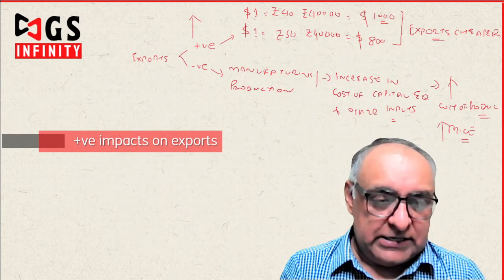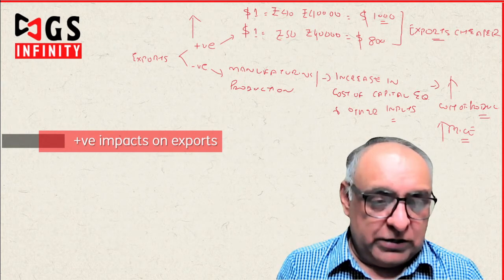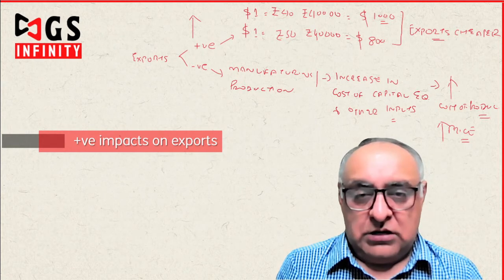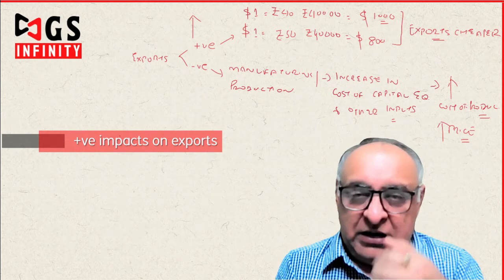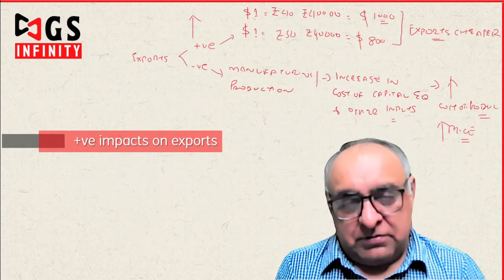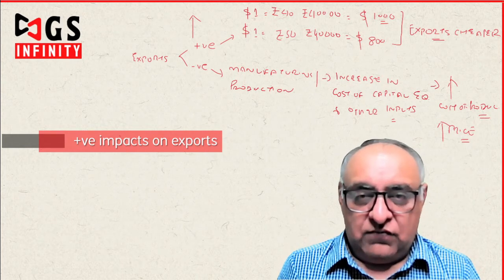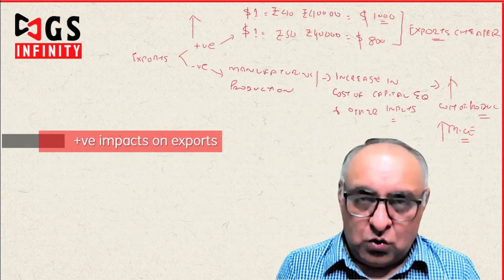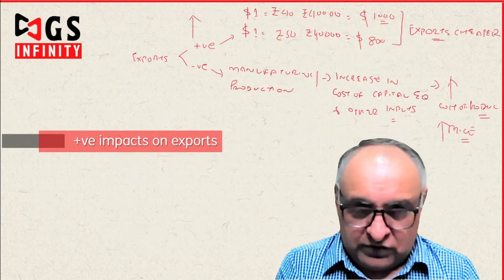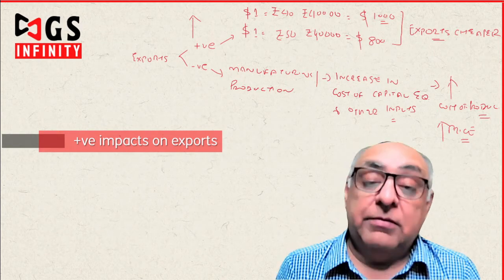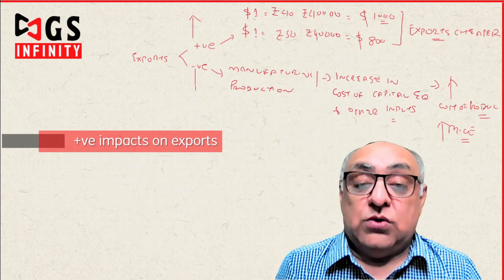If the price increases, then the exports would become dearer here. And if the exports have become dearer, the buyer of Indian goods has to pay more dollars now for purchasing the same worth of goods from India, so it will lead to discouragement of exports.